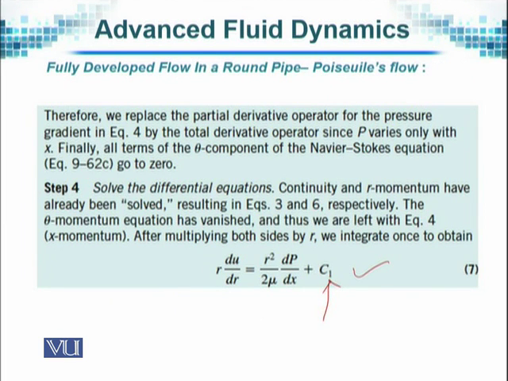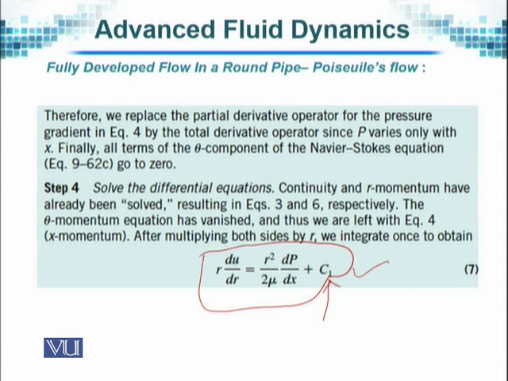Therefore, it is important to note that the main term in our solution that is dominating is r. dP by dx is the applied pressure gradient, so in a way this is given in the problem, and the only thing that is varying now is with respect to r.